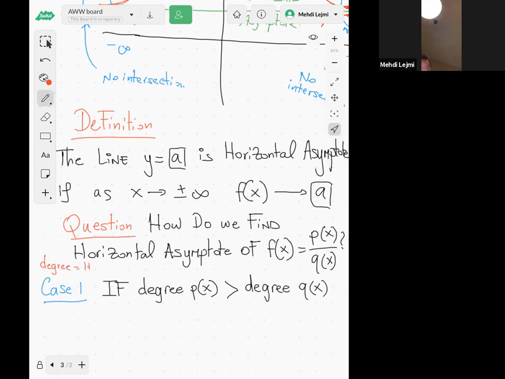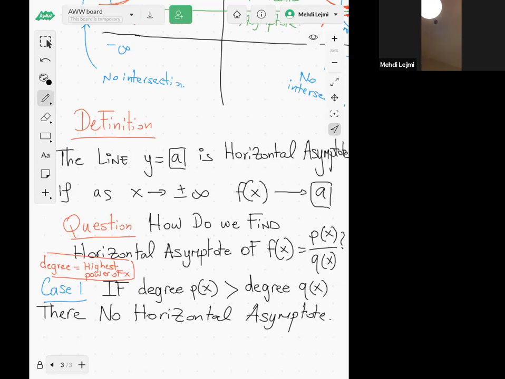So if the degree of p is larger than the degree of q, then there's no horizontal asymptote.